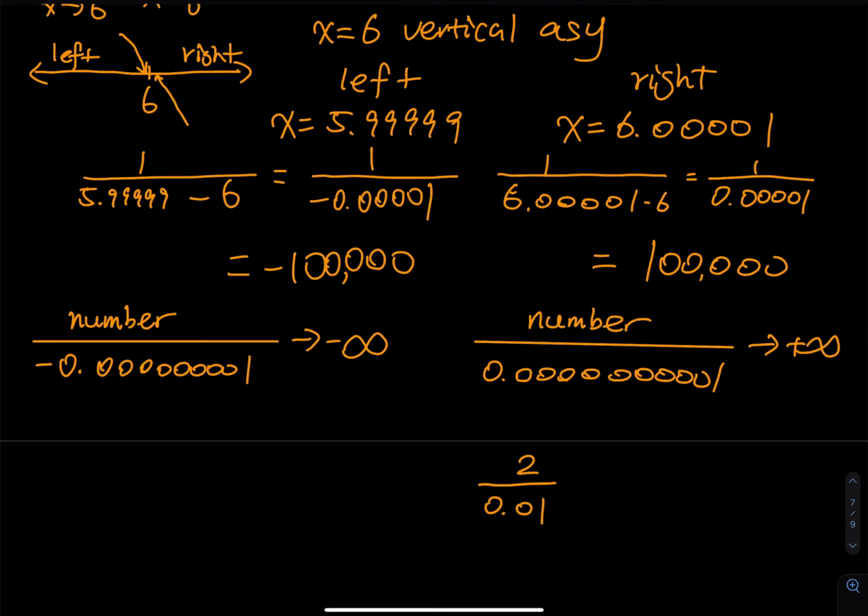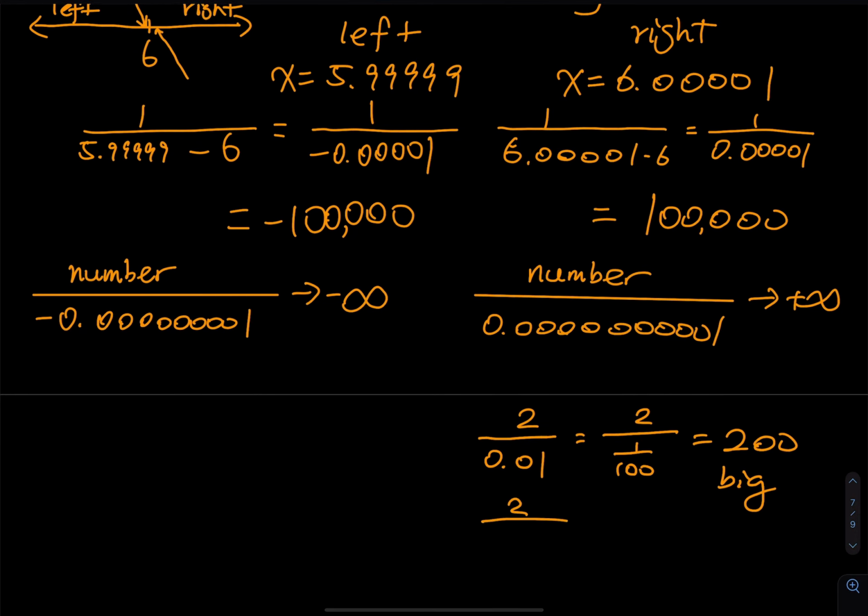Is the quotient big or small? The quotient is supposed to be bigger than 2, right? Because 0.01 in fraction is 1 divided by 100. You take the reciprocal, then you have 200. So when you have 2 divided by something extremely small, you get something extremely big.